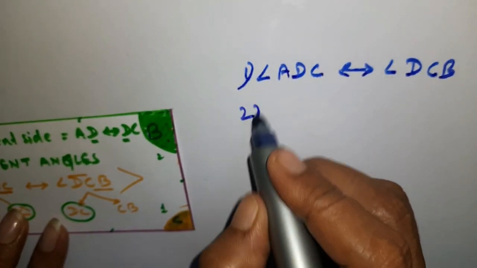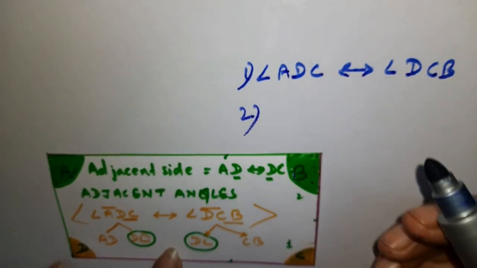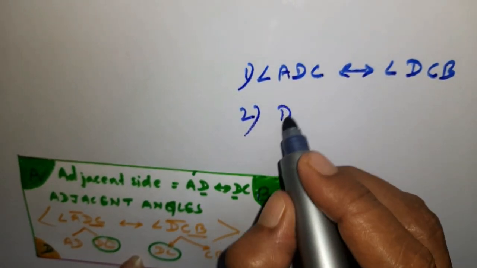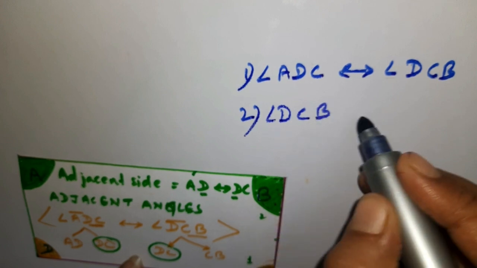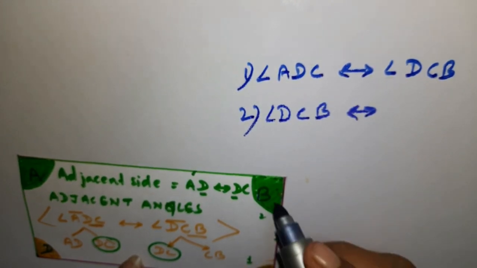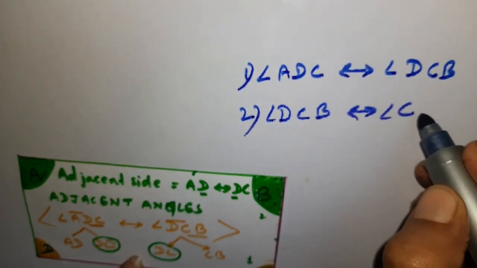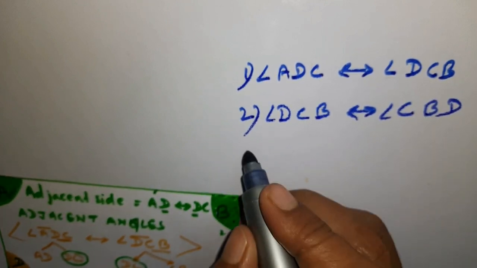Then the second angle is what? Angle DCB is paired with angle CBD.